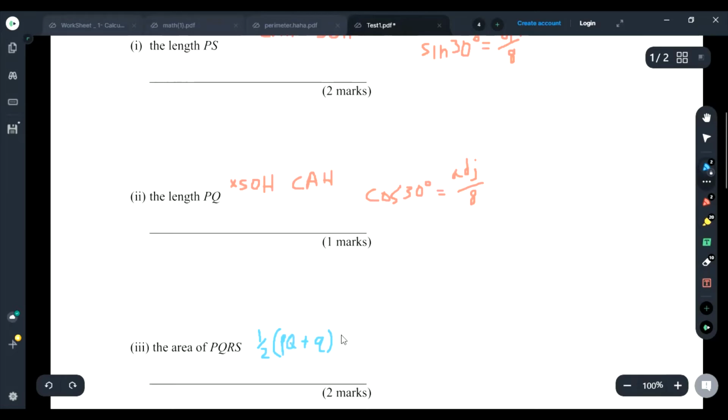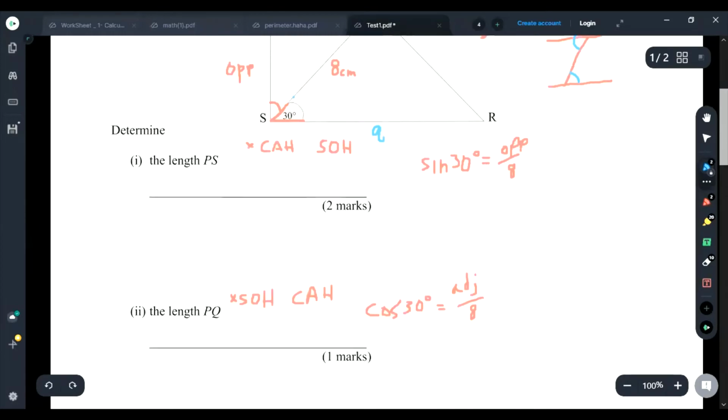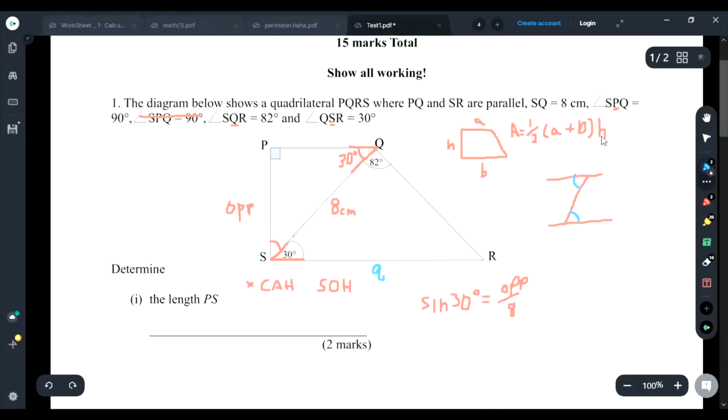And my height is PS, right? So that is the formula you're going to need to solve to get the area of this shape. Okay. So my H is PS, my A is PQ, my B is Q. How do we find Q?